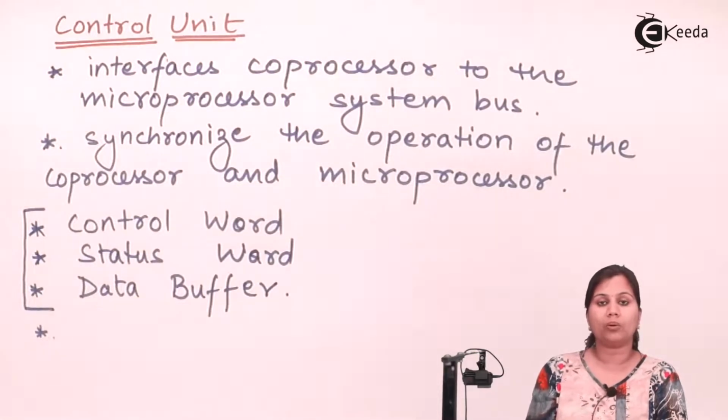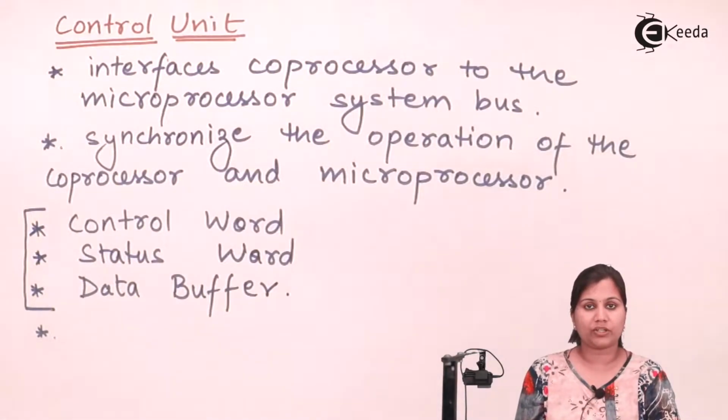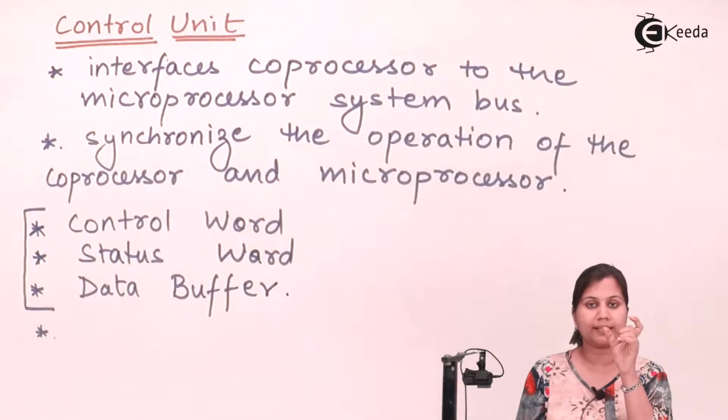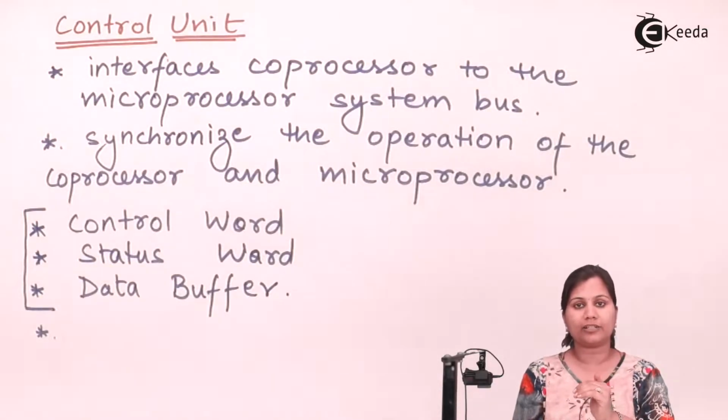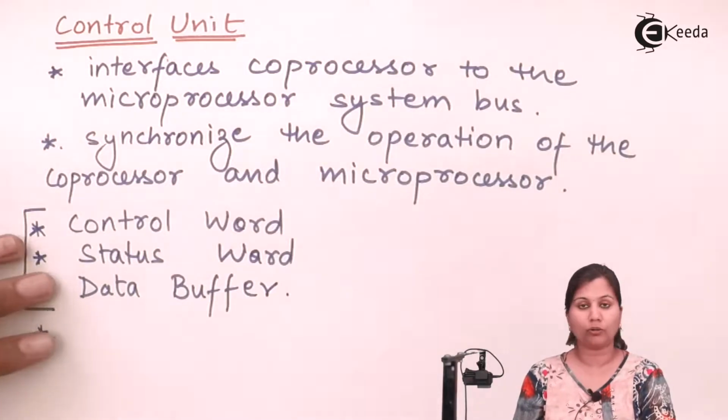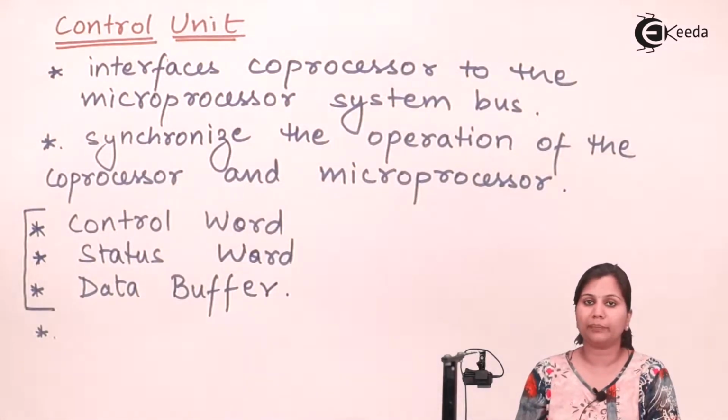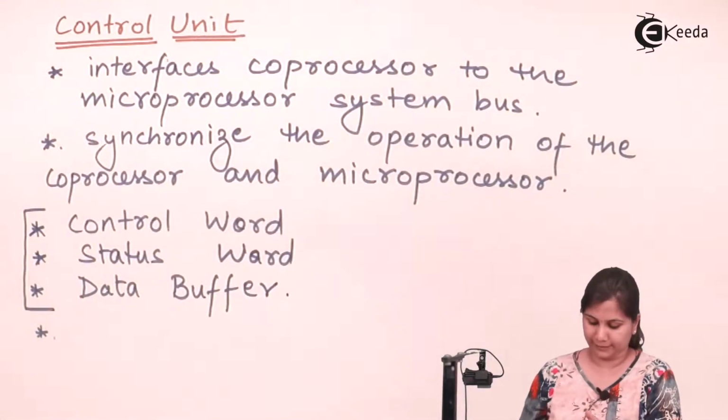When it is fetching an instruction, if it encounters the escape prefix, or the F prefix added against every instruction, then that instruction will be decoded by the coprocessor. Otherwise, it will be ignored by the coprocessor.